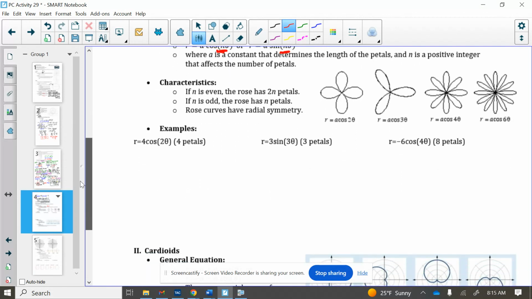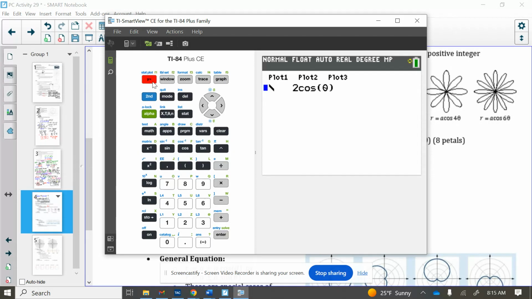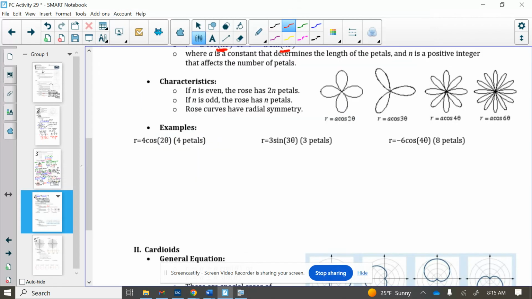For the first example, if we check out our calculators, make sure we are in polar mode, we would have 4 cosine of 2 theta. When we graph this, we see this shape here. It's going to have symmetry to both the x and y axis.